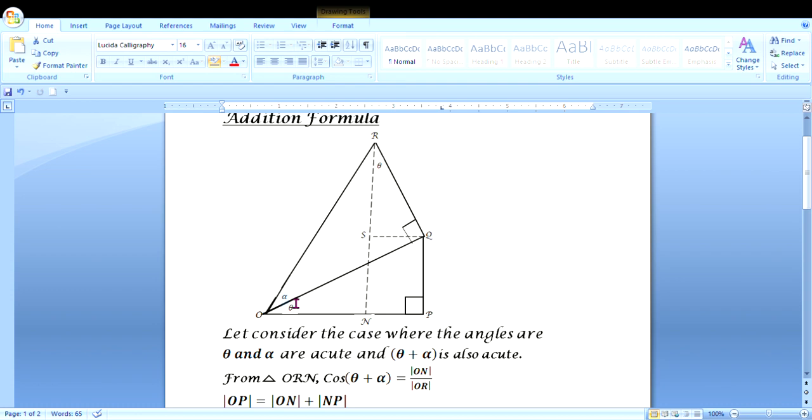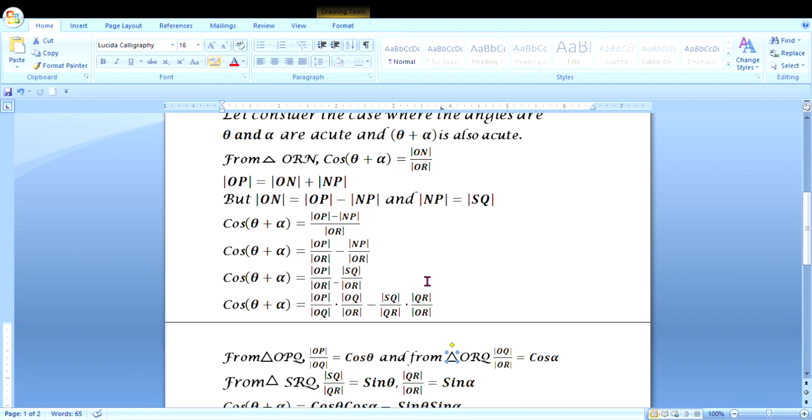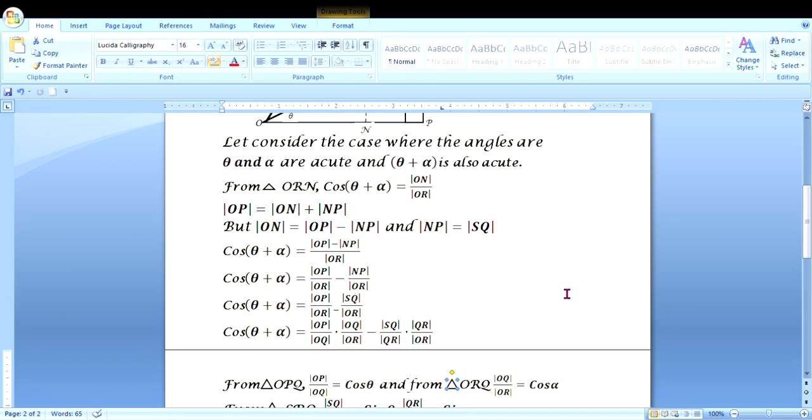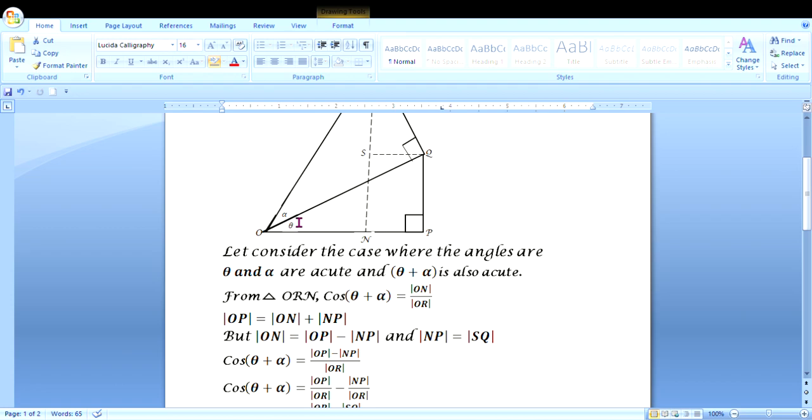If this is alpha, this is the opposite and this is adjacent. So the line OQ over OR is cos alpha.